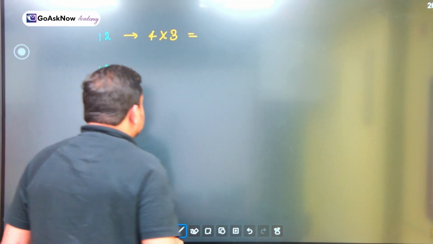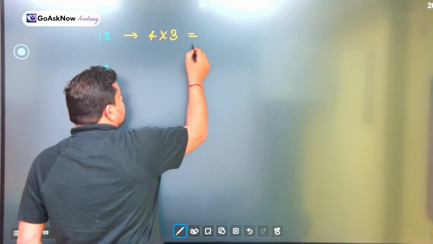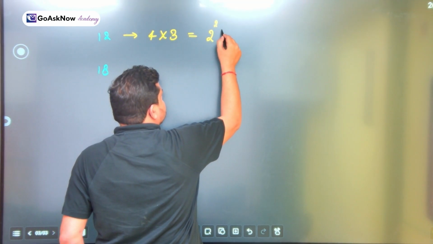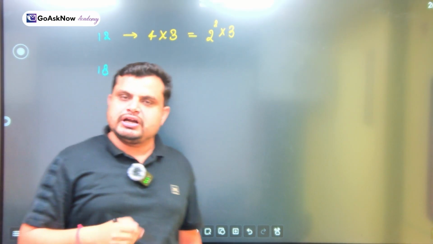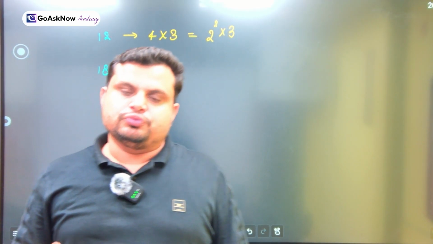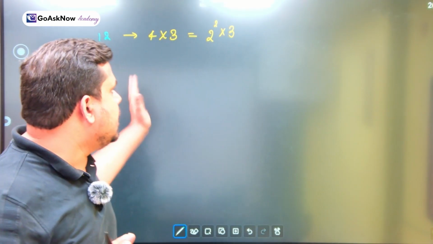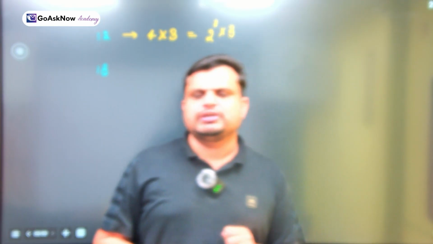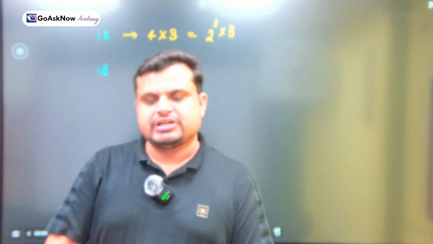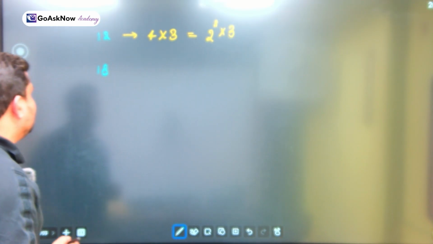So 12 can be written as 4 into 3. Now 4 can be written as 2 square, so we have 2 square into 3. Now 2 is a prime number and 3 is also a prime number. So we have reached our prime factorization. Similarly, we will see this for larger numbers as well. Now for 18.